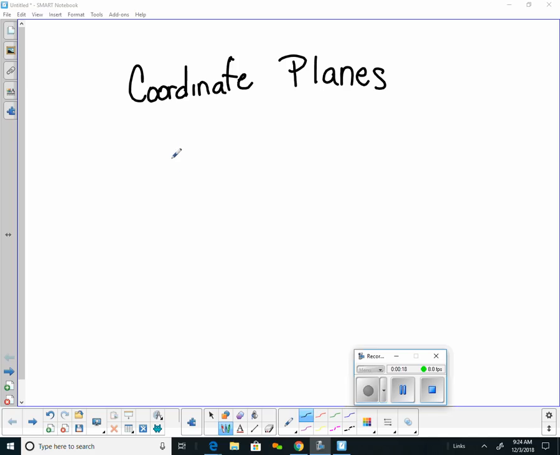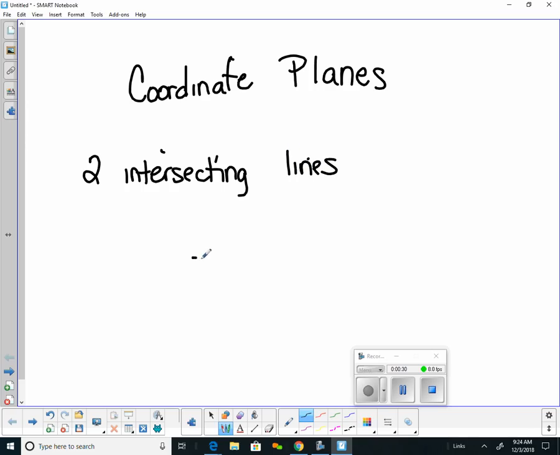Okay, so our coordinate planes, okay, these are two intersecting lines that cross. Now, one is going to be a horizontal line, and one is going to be a vertical line. This one is your horizontal, which goes across your paper.